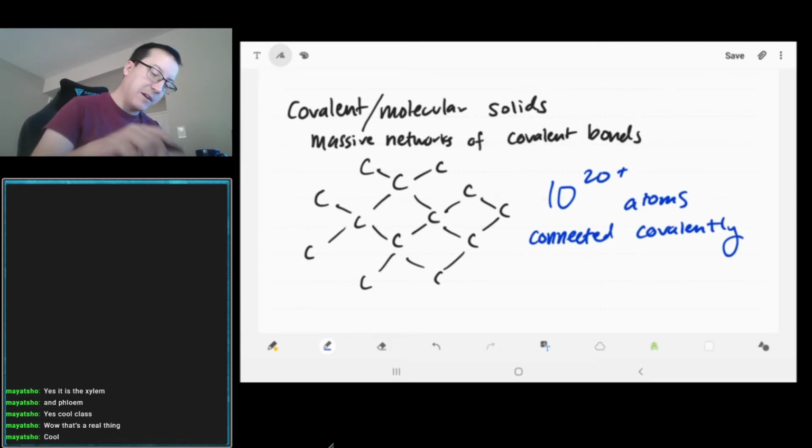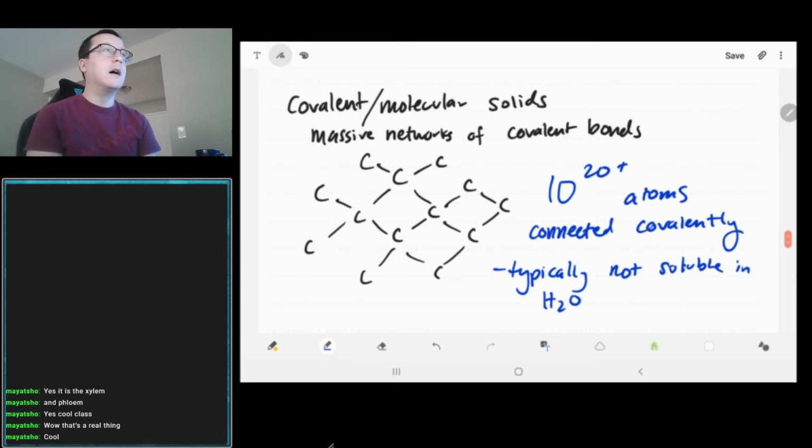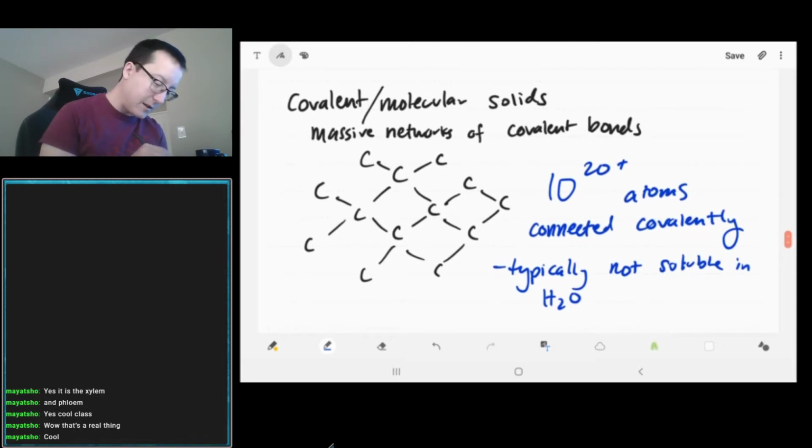These things are typically not soluble in water. Very exciting stuff. Some of them are, some of them aren't. It just depends on what the solid is going to be, if it's polar or not, basically.